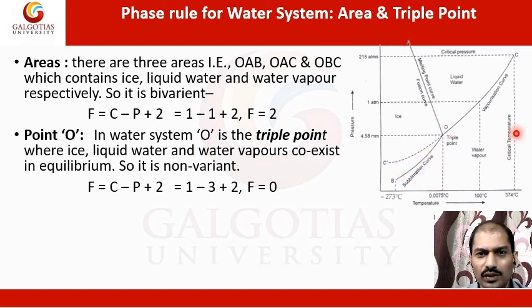You have to be very clear on how to calculate the triple point, and in respect to an area, whether it is bivariant or monovariant. Only if you are considering two phases will your degree of freedom come to one, as we are talking about monovariant. And if you are taking area-wise, we have already had enough discussion on this.